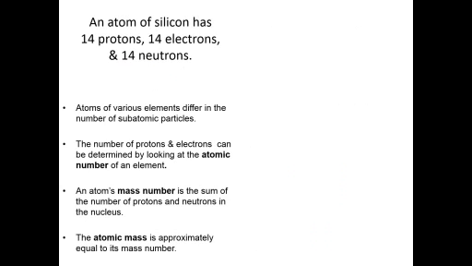What about silicon? Silicon has 14 protons, 14 electrons, and 14 neutrons. What if we look at it in the opposite direction? Instead of giving you the atomic number and atomic mass, I'm going to have you calculate it.